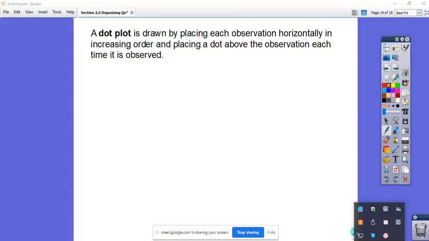Because I don't have a ton of time, I'm stopping here. All I have left, I was going to do an example of a dot plot, and then I had 4 terms that I wanted to go over. So if you guys don't mind, I will make a 5-minute video to wrap this up and post it. And then tomorrow you just need to watch that last 5-minute video, and then the homework from both 2.1 and 2.2.